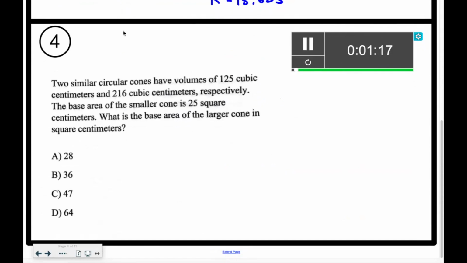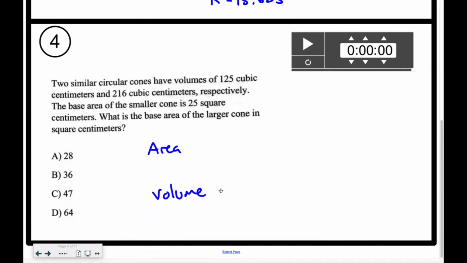This one includes both volume and area. So I'm just going to set this one up kind of like this. This one gives us area and volume. If I organize this, the volume went from 125 to 216, and the area of the smaller one is 25 to, again, unknown.